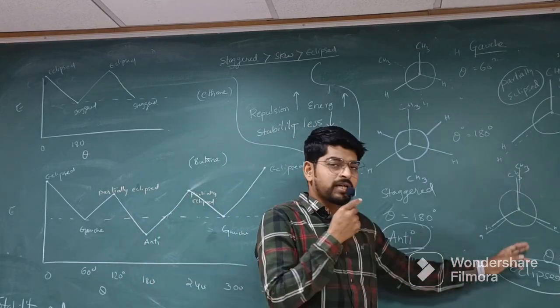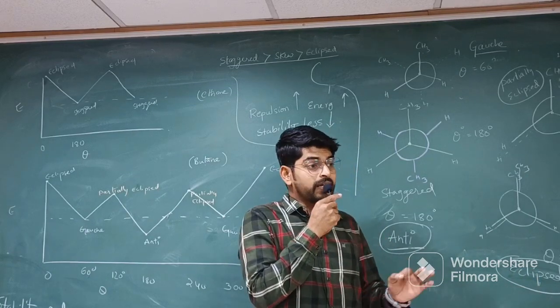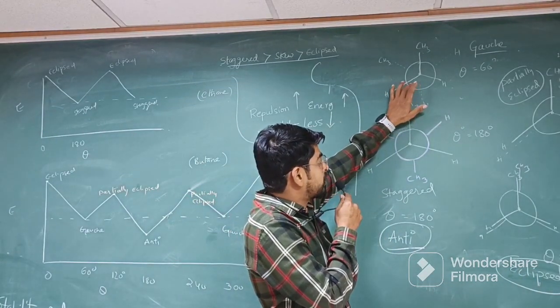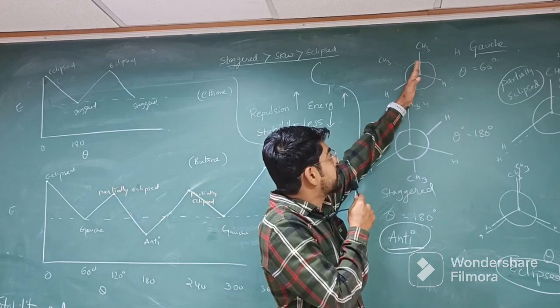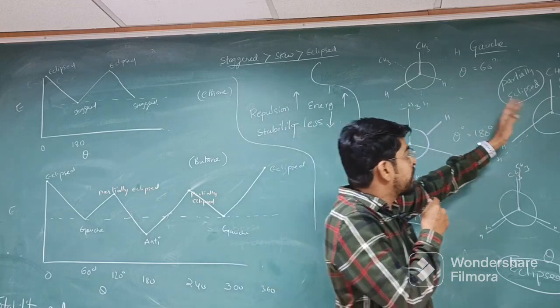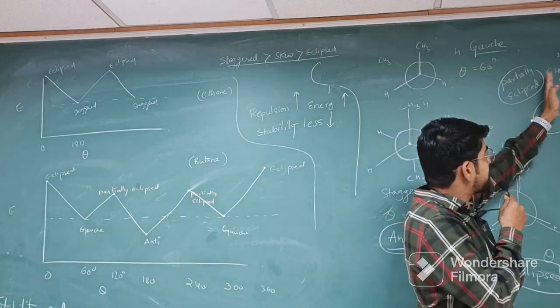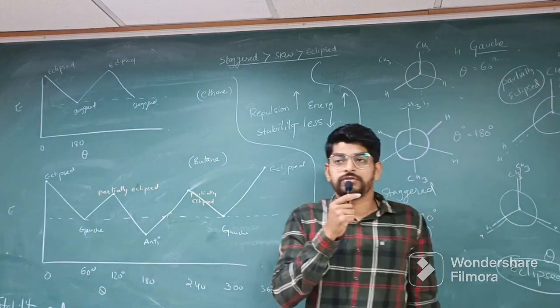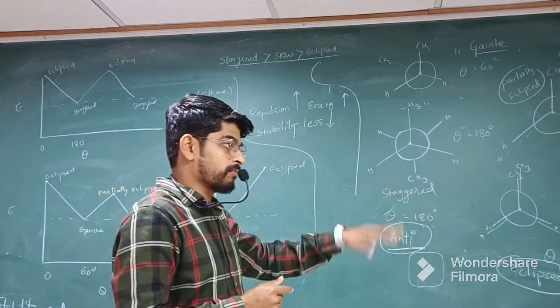Methyl exactly behind methyl, that is perfectly eclipsed form. This is staggered form but not perfectly staggered. Methyl and methyl are not opposite to each other, so this is gauche form. Here this is eclipsed but methyl is not eclipsing methyl, so it is partially eclipsed. So that is the clarity on all the four forms.